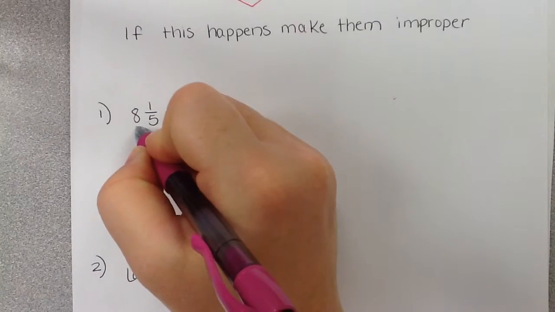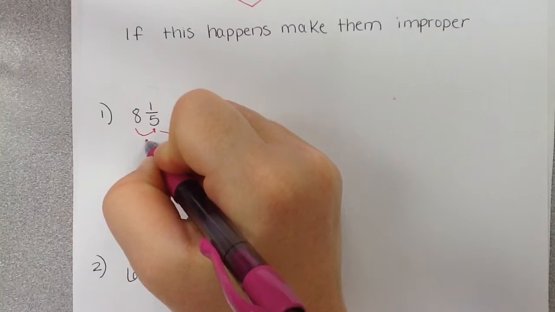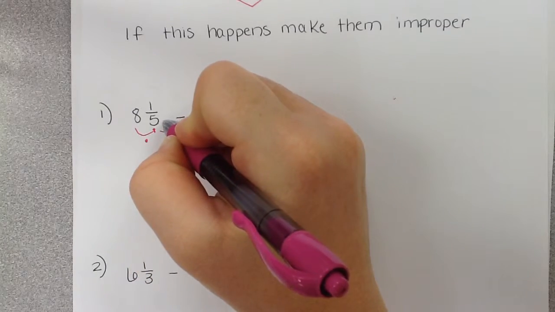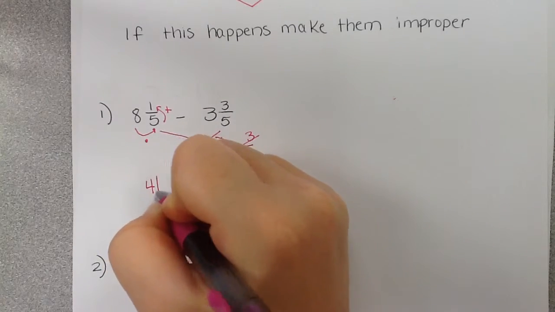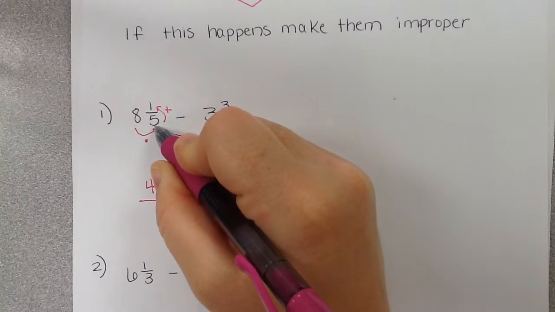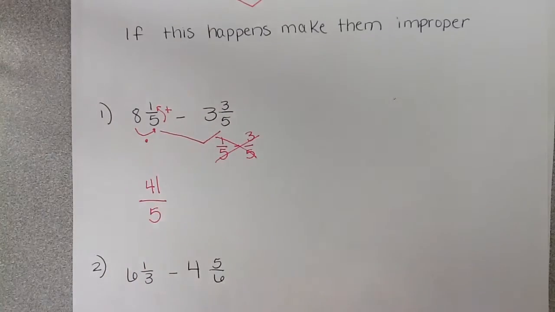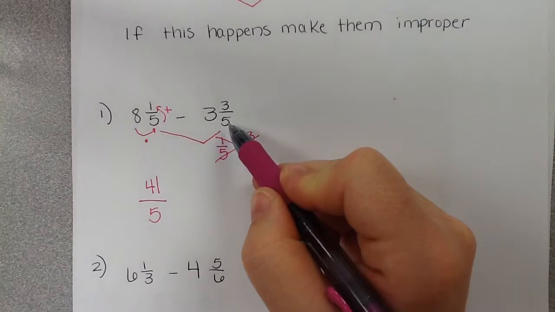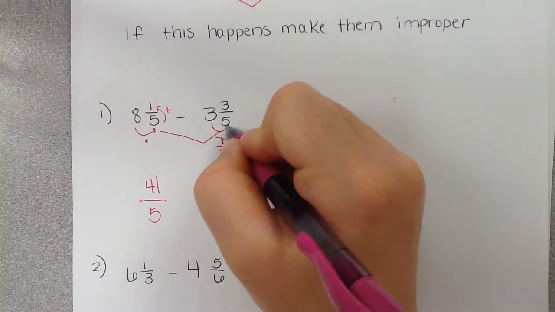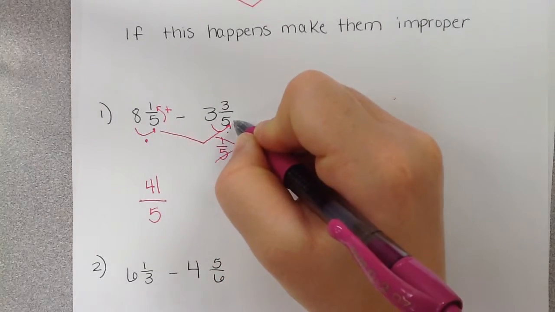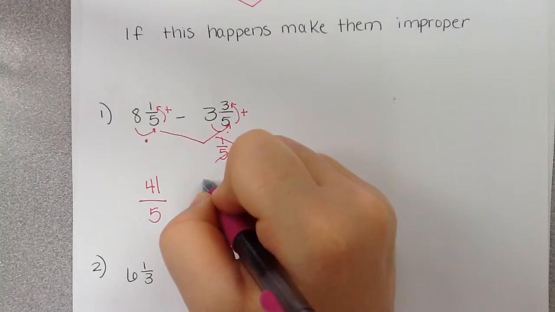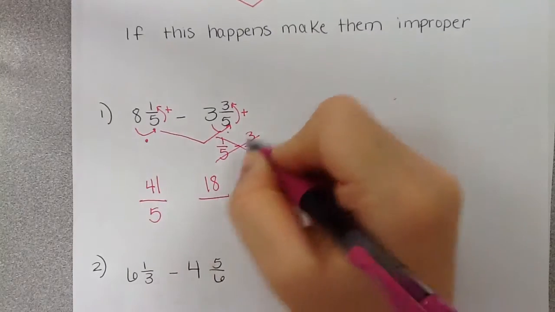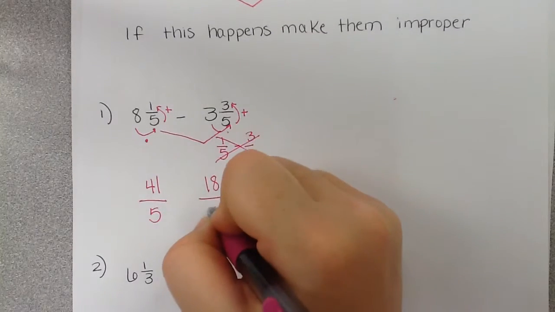To do that, we do 8 times 5, which is 40, plus 1, 41, over the same bottom, 5. We're going to do the same thing with this mixed number. 3 times 5 is 15, plus 3 is 18, over the same bottom, which is 5.